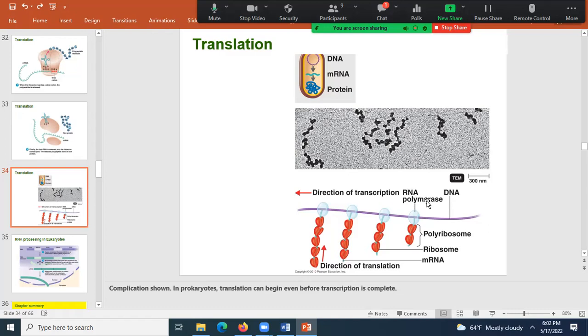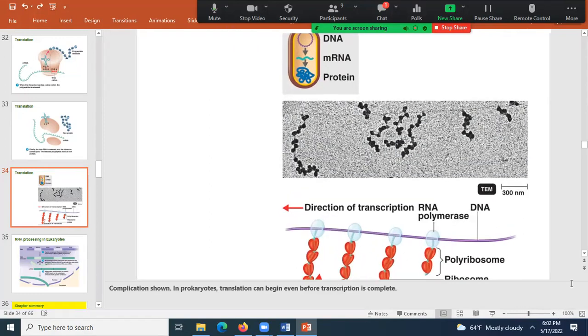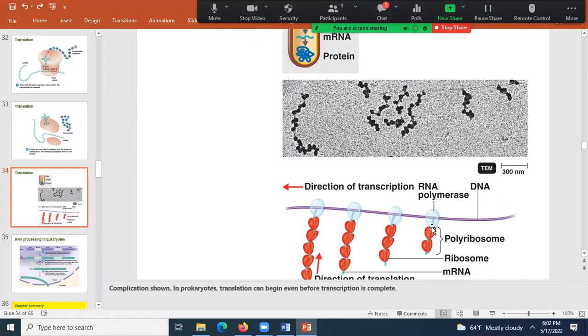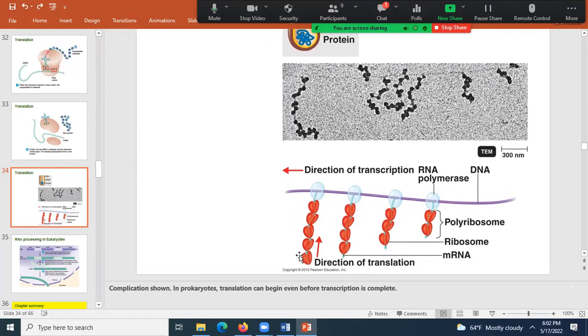And in prokaryotes, it's even worse. So here we have the DNA, and there's the messenger RNA being made. It's the line coming out, the blue line, sorry. That's the messenger RNA being made. But this is happening in the cytoplasm of a prokaryote.